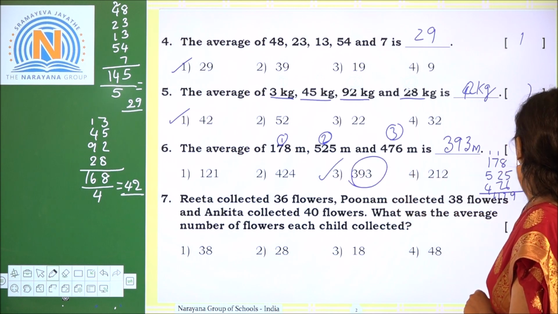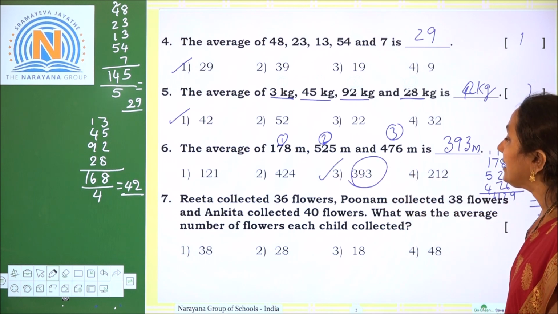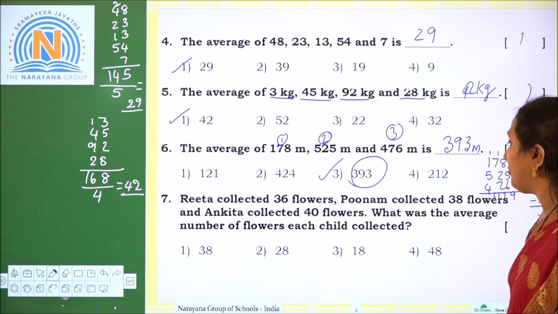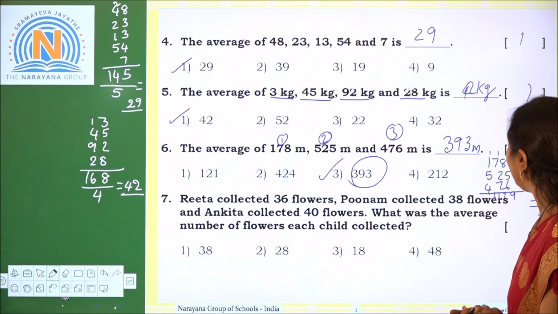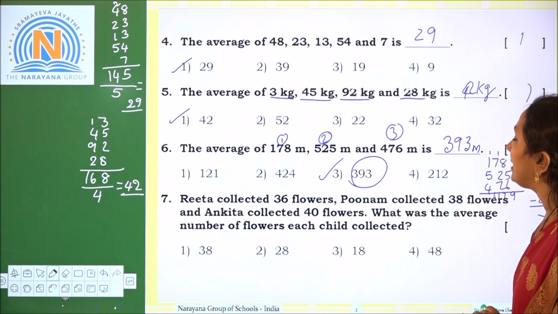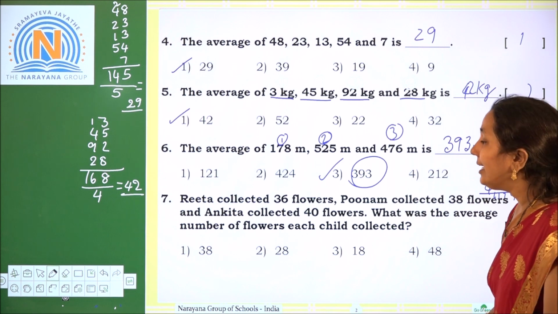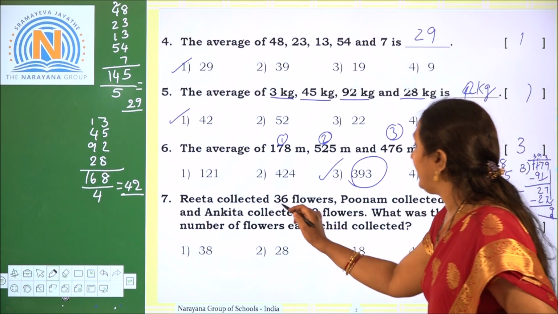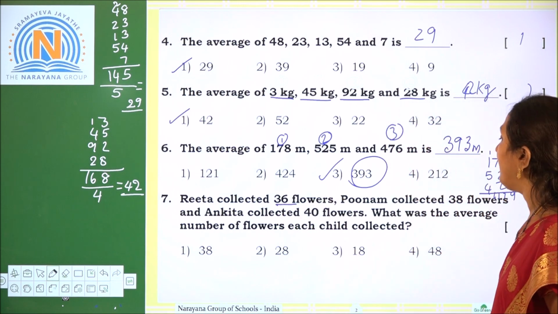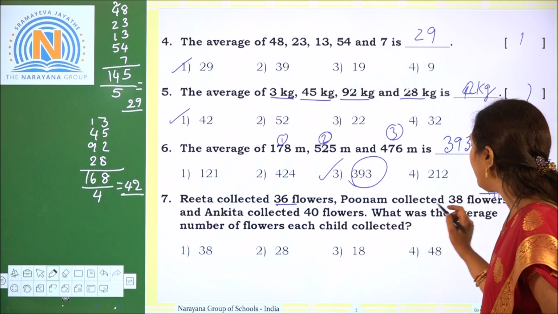3. Okay. Next, Rita collected 36 flowers. Poonam collected 38 flowers. And Ankita collected 40 flowers. What was the average number of flowers each child got? So here, number of flowers collected by Rita, 36. Number of flowers collected by Poonam, 38.